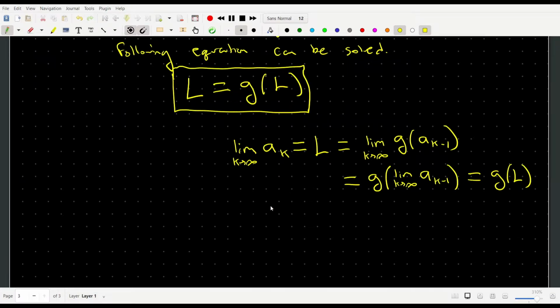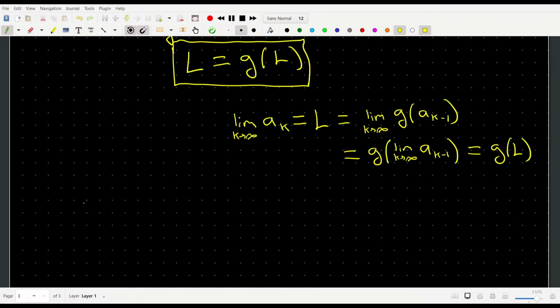And it's important that you realize that for a given problem, g is very often a nonlinear function. So we tend to have multiple different possible values for L, which are called limit points, or limit values, and these can be stable or unstable.